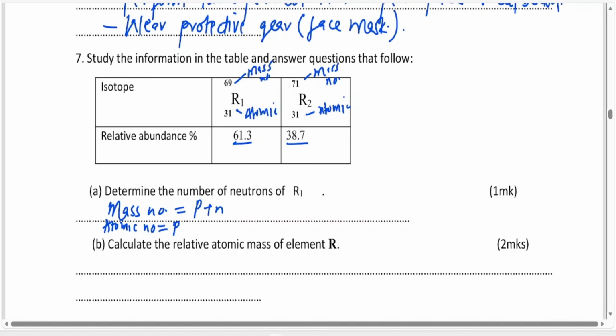If the atomic number is 31, then the number of protons is 31. So to determine the neutrons in R1, the mass number 69 is equivalent to P plus N, where P is 31 and N is unknown. Then, mathematically, N becomes 69 minus 31, and therefore N is equivalent to 38.